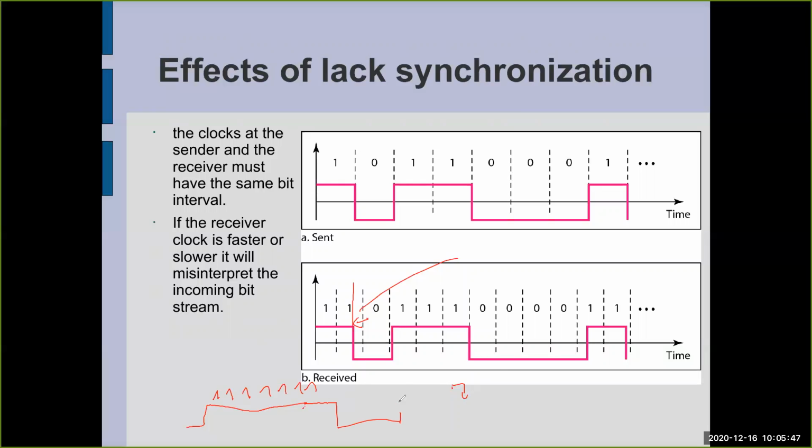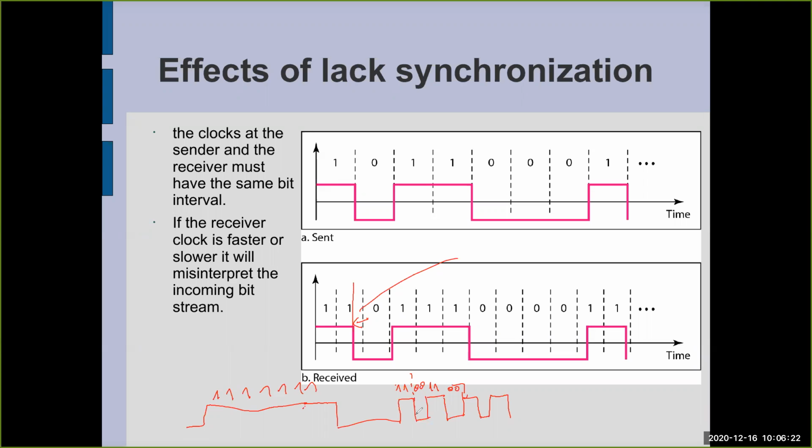But if the sequence consists of different bits, okay, let's say here is 11001100. So in this case, even if there is a difference in time base between transmitter and the receiver, this error will be compensated using edge.